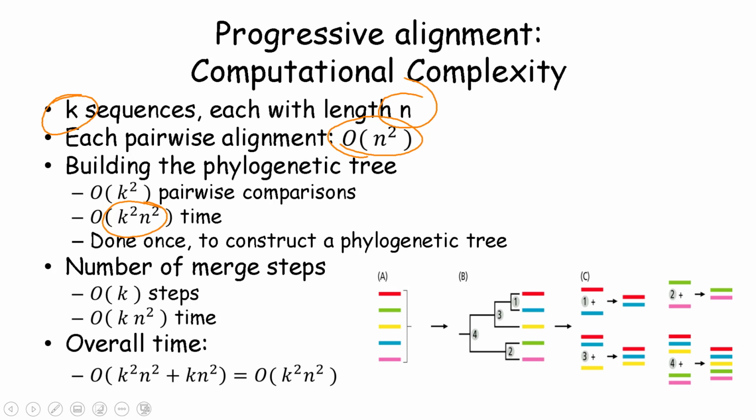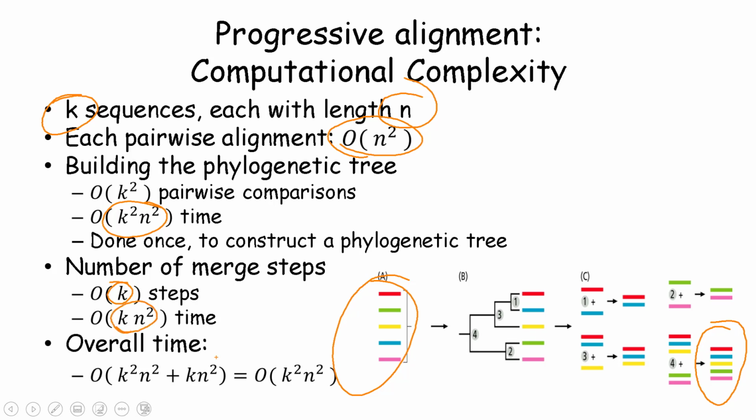After we construct the phylogenetic tree, we keep merging sequences. If we have k sequences, we would have to perform k-1 merge operations until we end up with a single multiple alignment containing all the sequences. So that's an order of k alignments, each one taking n square, resulting in a total of k n square time.